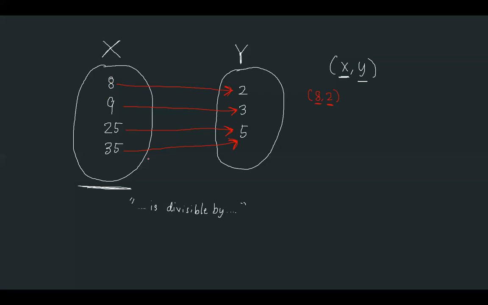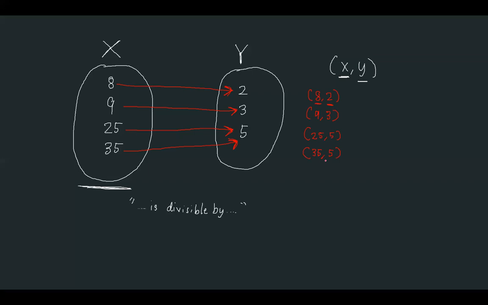Let's try the next one: 9, comma, 3. Since we have 25 to 5 and 35 to 5, we can simply separate them: 25, comma, 5, and 35, comma, 5.